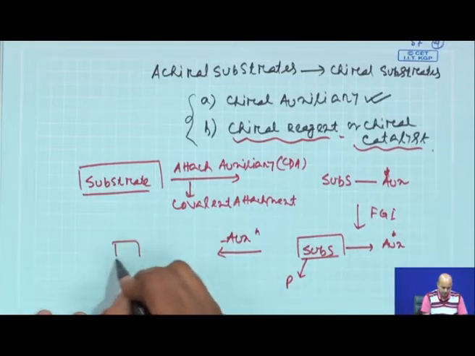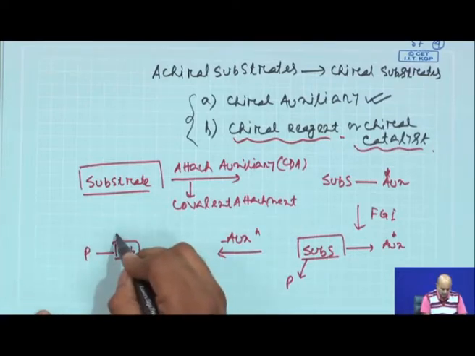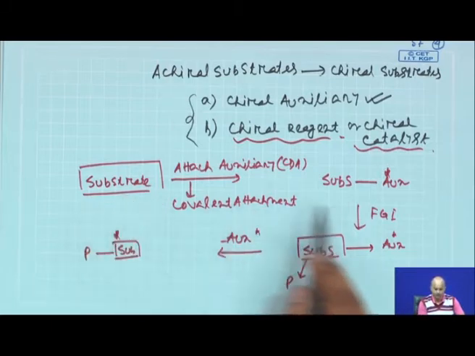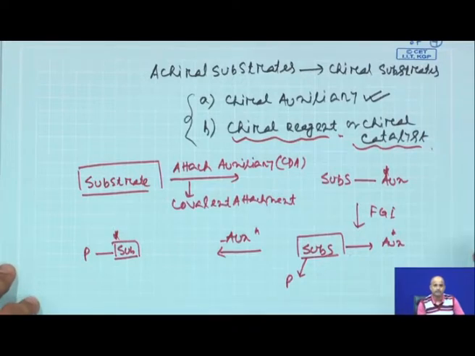So, we get your substrate with a new bond. Now the substrate becomes chiral. So, starting from an achiral substrate you can end up with a chiral substrate, which is nothing but an extension of a chiral derivatization agent.